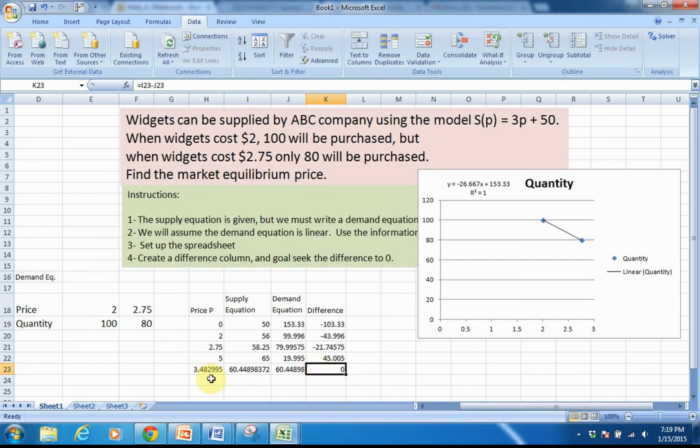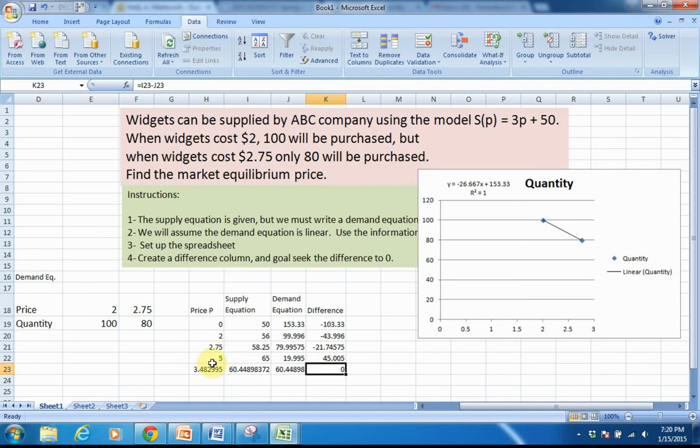At a price, it looks like, of about $3.48, we sell approximately 60 widgets, or we can supply 60 widgets. 60 widgets are demanded. That's market equilibrium. The other questions that arise from this are, well, what happens if the price is $5?